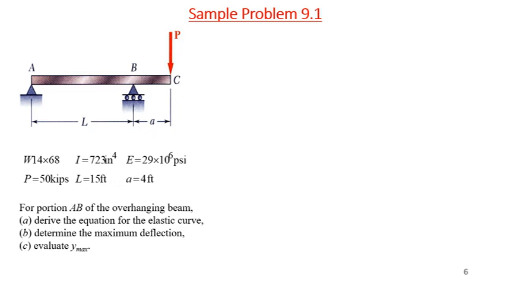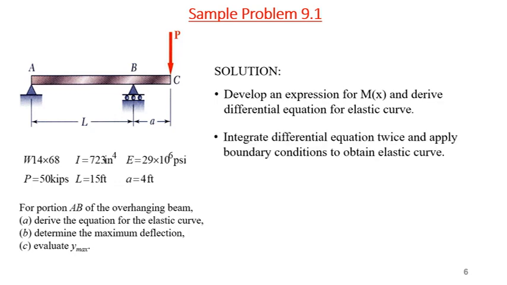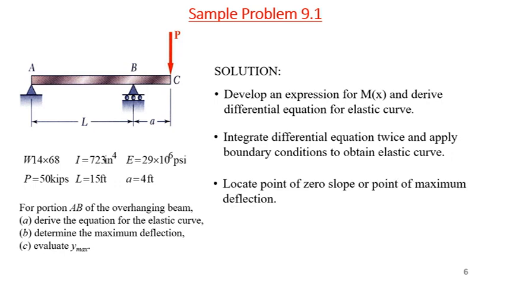First, we will develop an expression of M(x), derive the differential equation for the elastic curve, and obviously we need the reactions at A and B. Then we integrate the differential equation twice, applying boundary conditions to obtain the equation of elastic curve, and locate the zero slope, the point of maximum deflection, because when it bends, the maximum deflection will occur where we have slope 0.